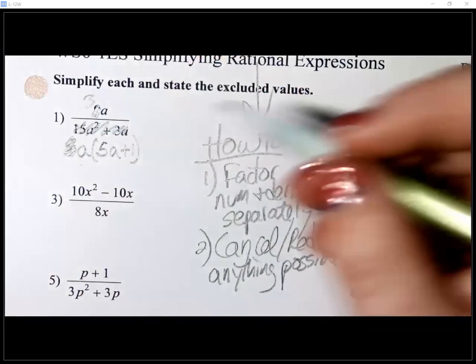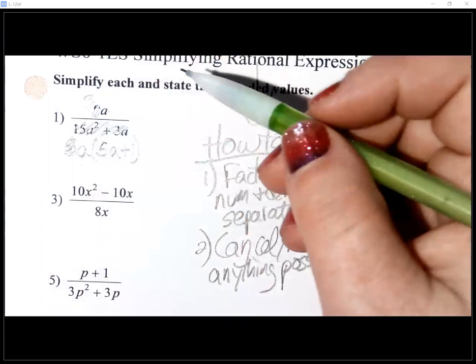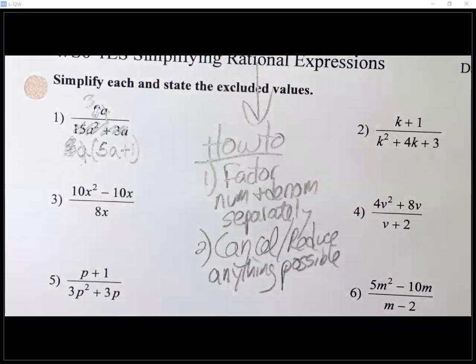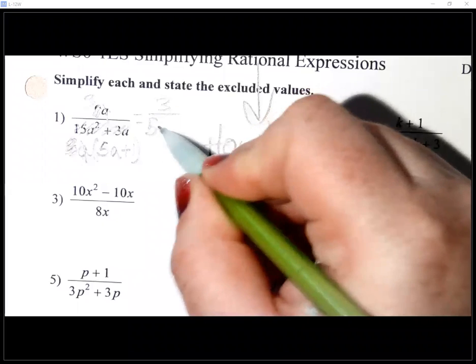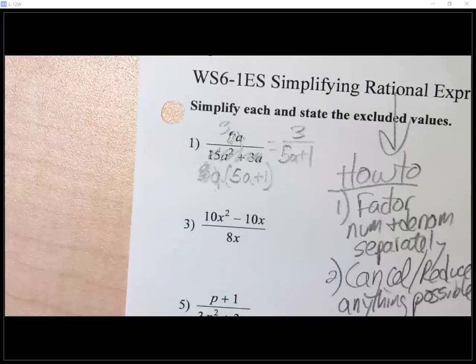And then what happens with these a's? They just cancel. They become 1s, but again, I don't need them because I'm just multiplying by 1. So my final answer is literally just 3 over 5a plus 1. It is that easy as long as you go in that order.